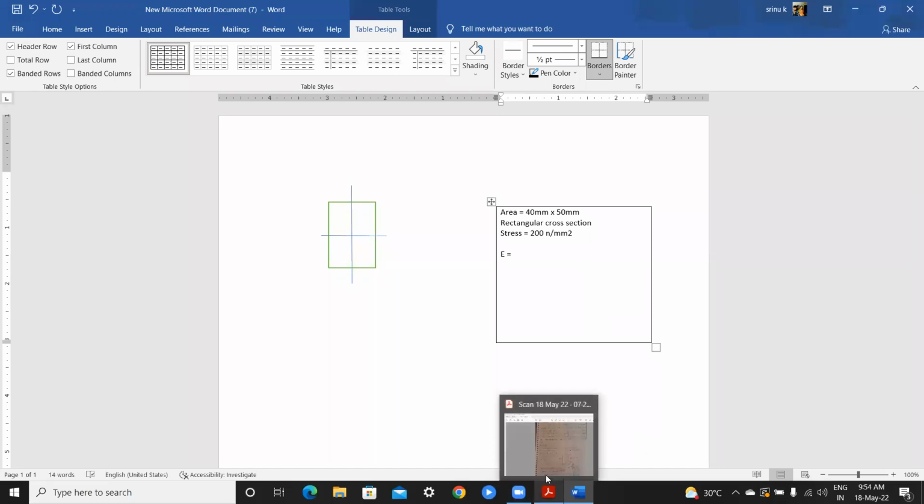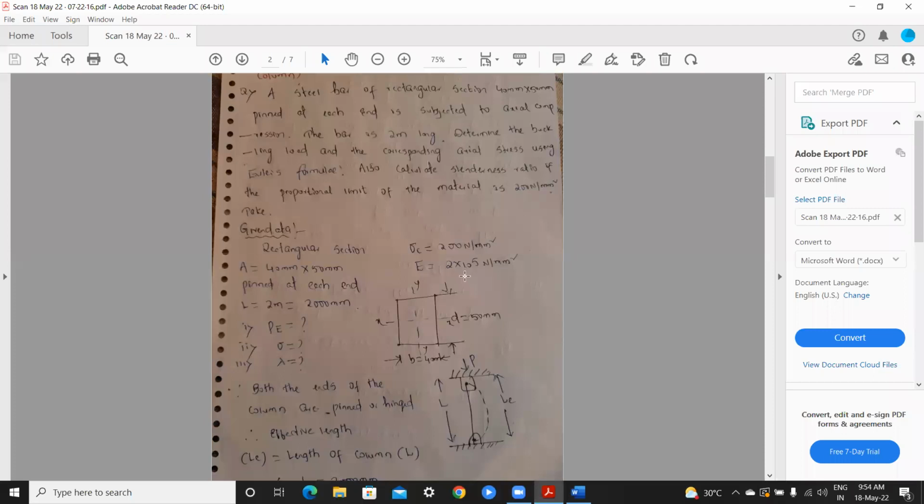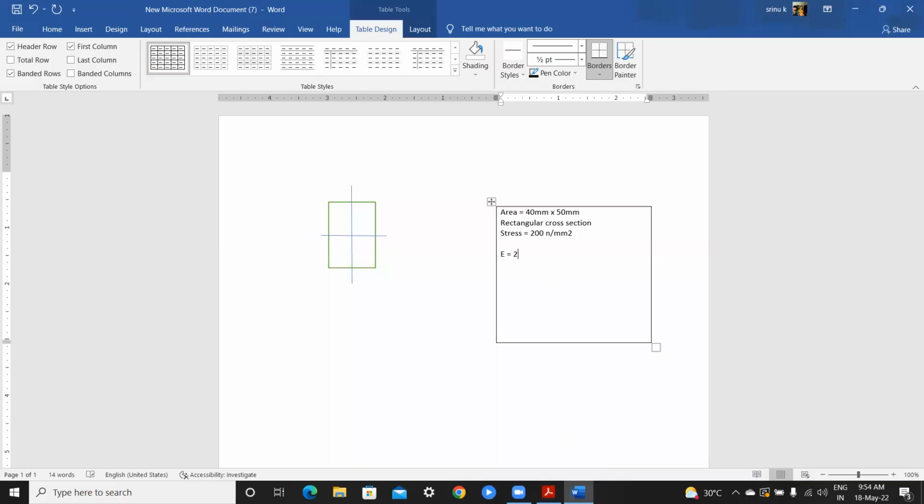How much did they give in the problem? Young's modulus is 2 into 10 to the power 5 Newton per mm square.